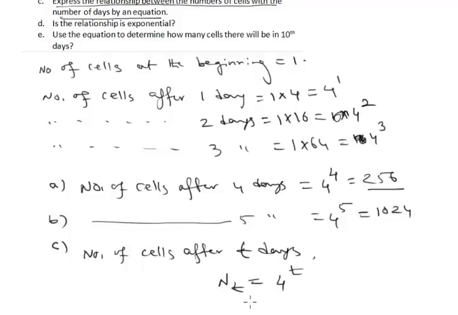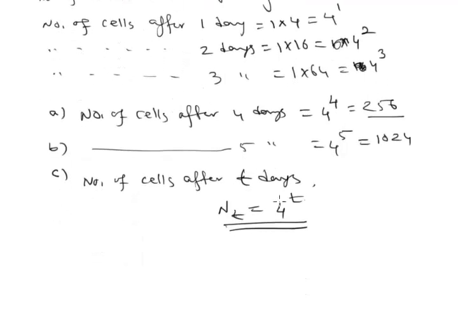So after T days, the number of cells, N(T), will be 4 to the power T. This is the exponential relation for the number of cells after T days. Is this relation exponential? Yes, because here the number of days, this variable, is raised as the power on a constant 4 to get the number of cells. So this is an exponential relation.